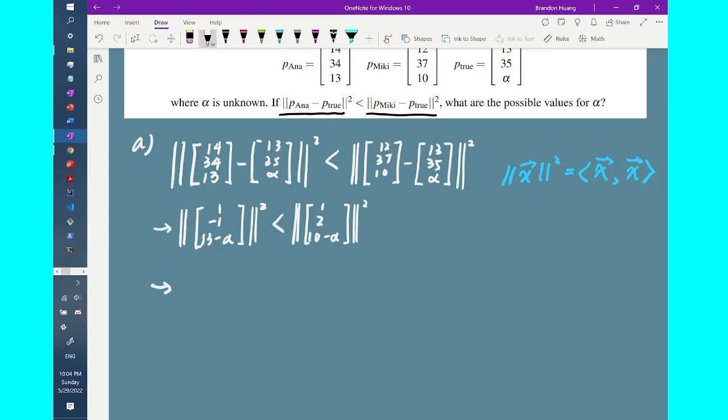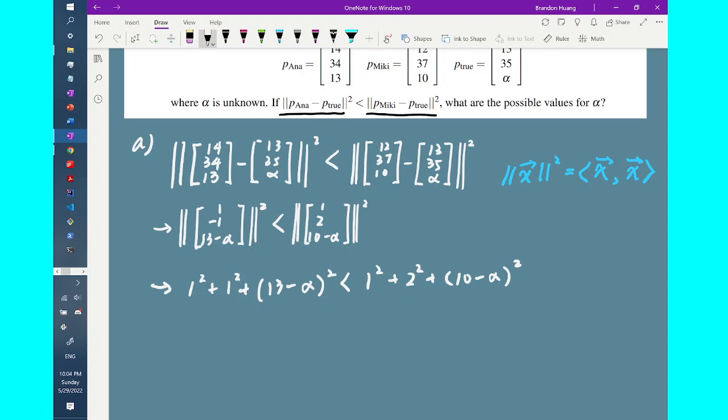And so now we just need to take the inner product of these vectors with themselves, which gives me something like this inequality. And then I also have to take the inner product of the other side with itself, so it also gives me something like this.